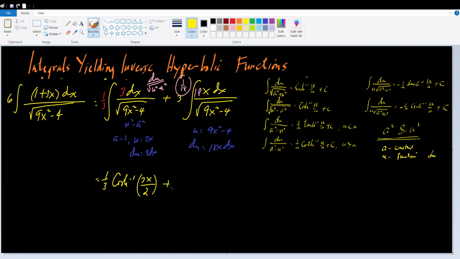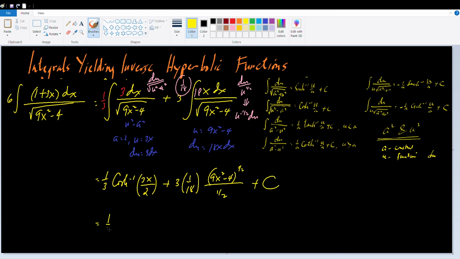We just introduce 18 and multiply it by 1 over 18. So that will be 3 times 1 over 18, and then du over u to the 1/2, or u to the negative 1/2 du. And by the power formula, it becomes u to the positive 1/2 over 1/2, or 9x squared minus 4 to the positive 1/2 over 1/2 plus c.